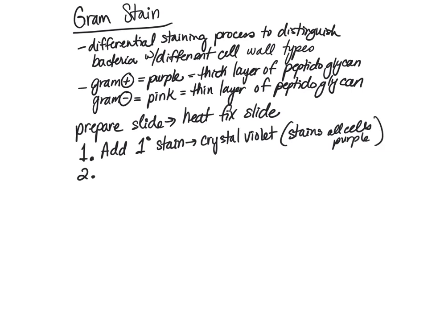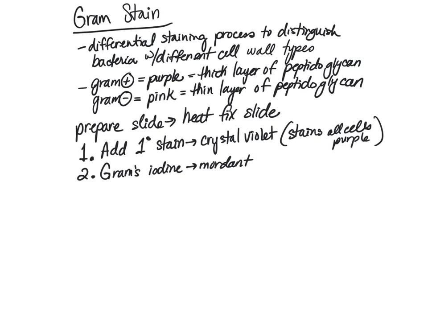Then the second step is that you are going to add gram's iodine. And gram's iodine is what is called a mordant. And a mordant is something that's used to stabilize or set the stains in there. So we added the crystal violet. We do a quick clean after the crystal violet, spray it down with water.